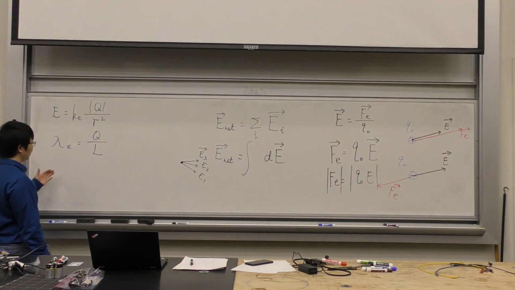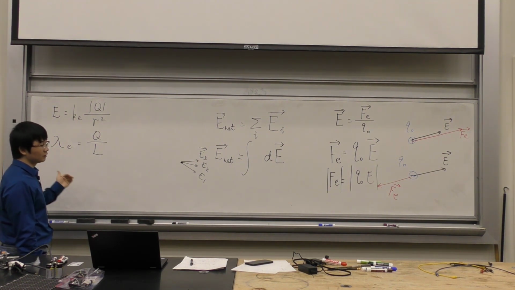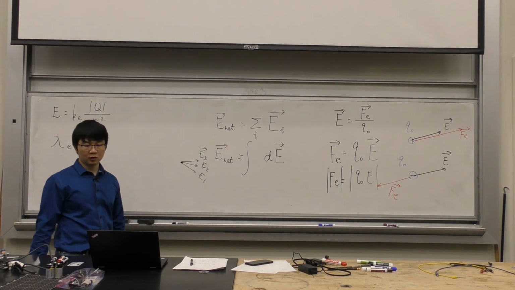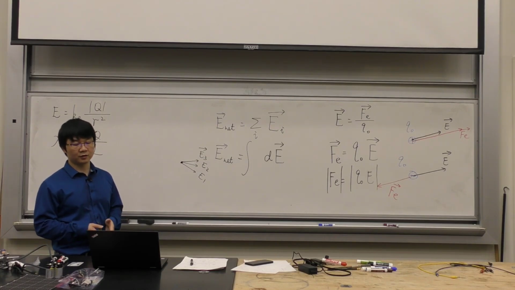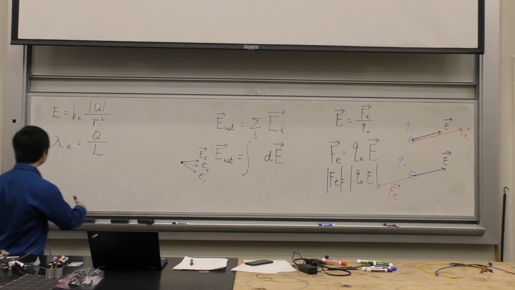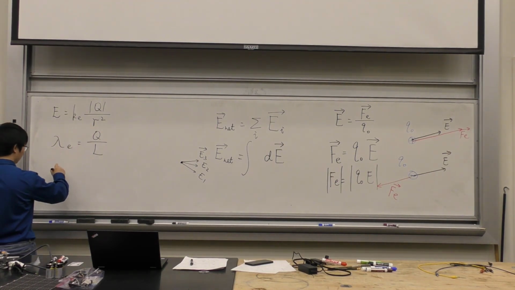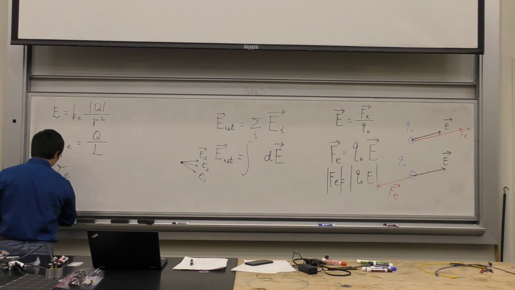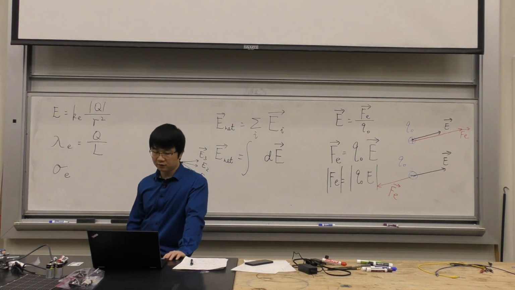This is called linear charge density, which we define for a one-dimensional charge distribution. And if we have a two-dimensional charge distribution, we can define something called surface charge density. This is a Greek letter lambda, so we use a lot of Greek letters. The surface charge density is usually represented by the symbol sigma.